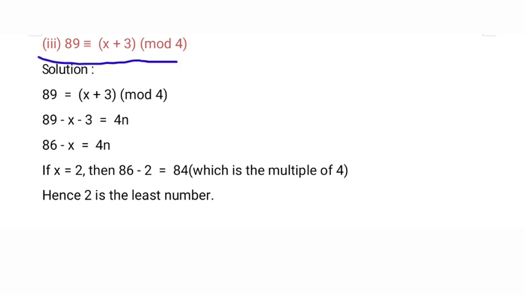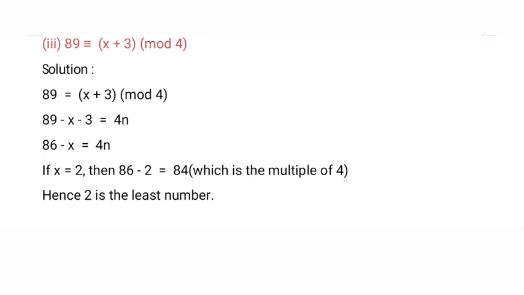Third subdivision, 89 is congruent to x plus 3 mod 4. Solution: here a equals 89, b equals x plus 3, mod 4. Therefore, in the form a minus b equals 4n, 89 minus (x plus 3) equals 4n. So 89 minus x minus 3 equals 4n. 89 minus 3 equals 86, minus x equals 4n.